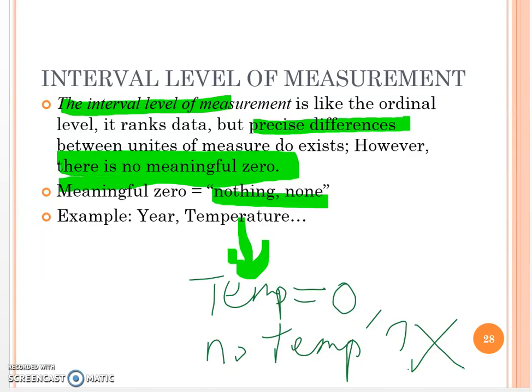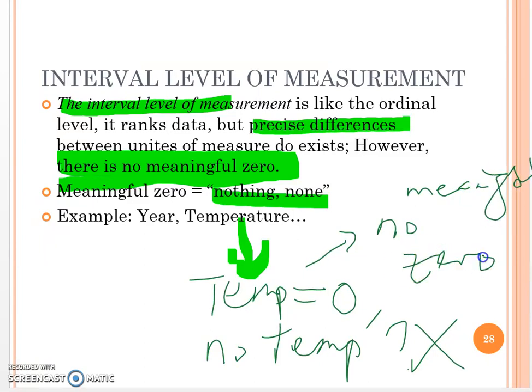So temperature has no meaningful 0. If it doesn't have a meaningful 0, then this is going to be interval level. Same for year. If year equals 0, does that mean there's no year? No, it doesn't make sense for us to say there's no year. Therefore, year does not have a meaningful 0. Year is an interval level.